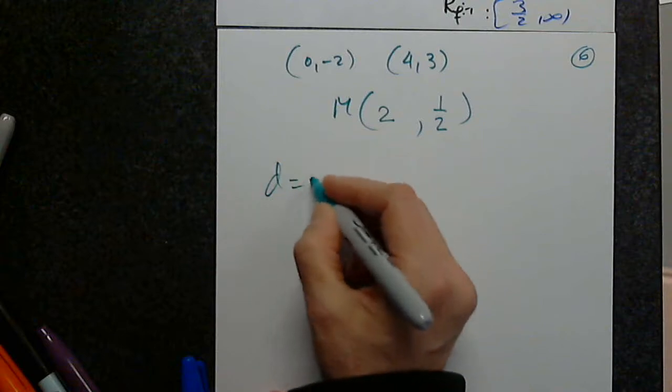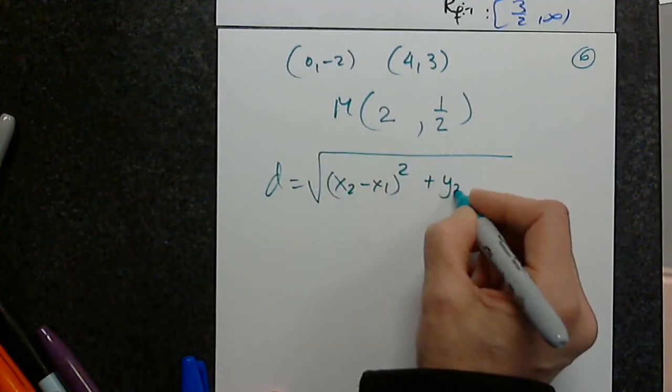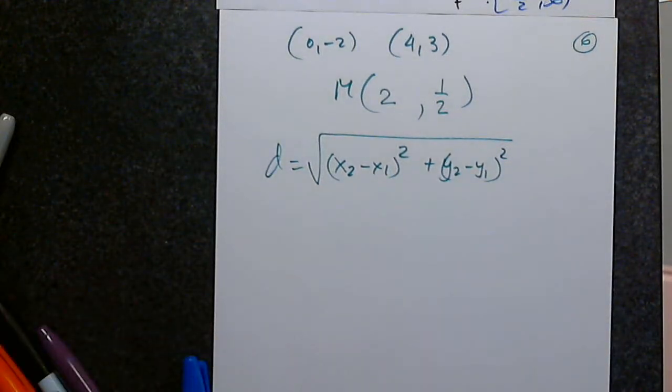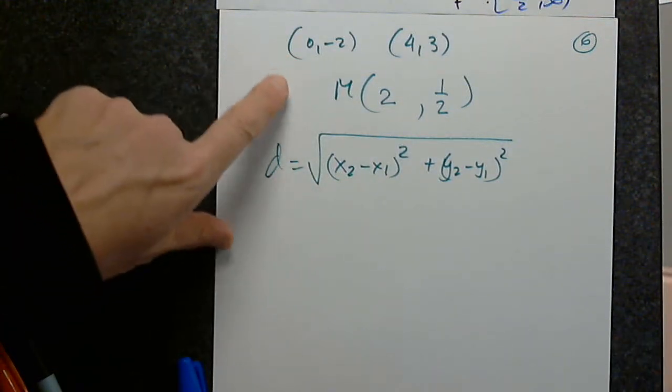Now the distance formula: always write it as x2 minus x1 squared plus y2 minus y1 squared.